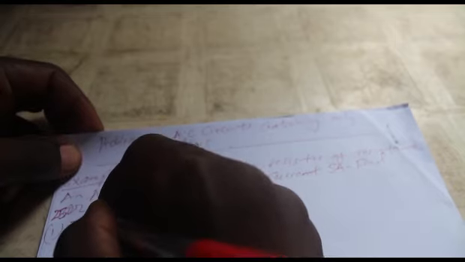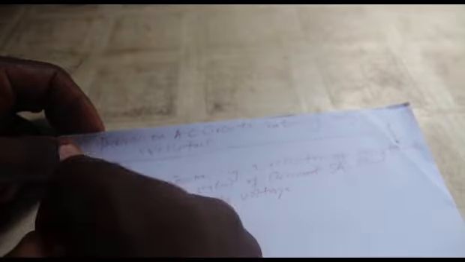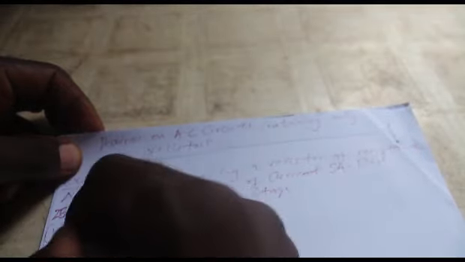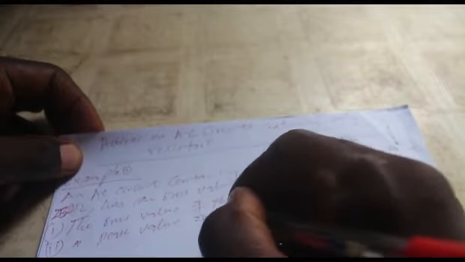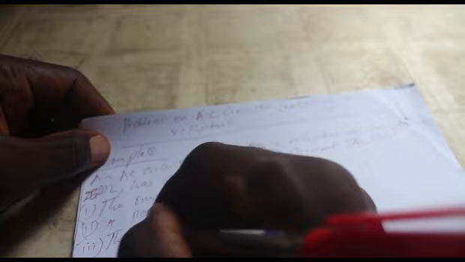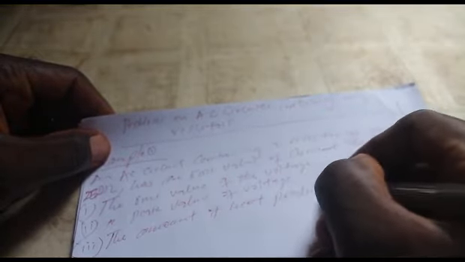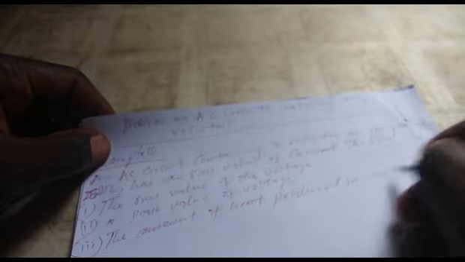Find 1, the RMS value of the voltage. 2, the peak value of the voltage. And then 3, the amount of heat produced in the resistor.